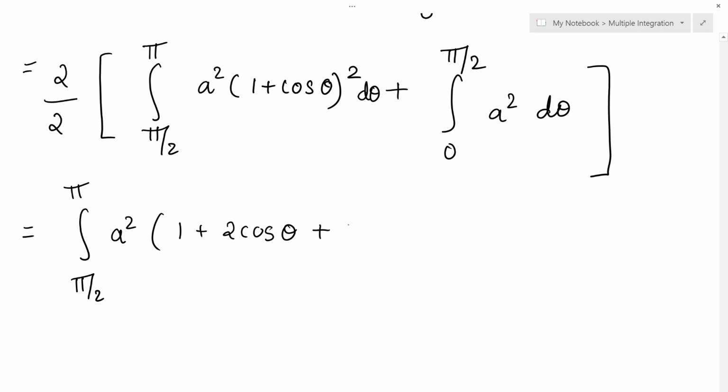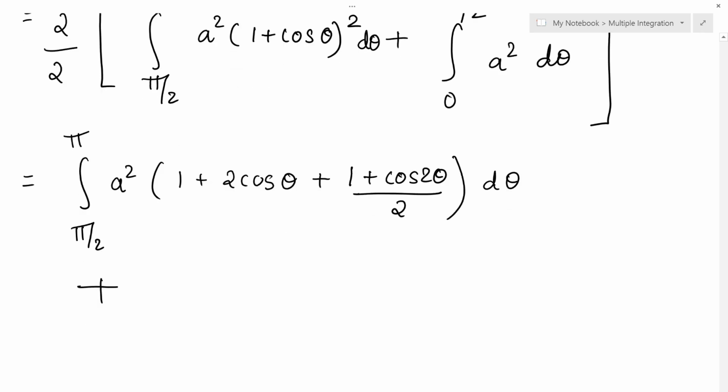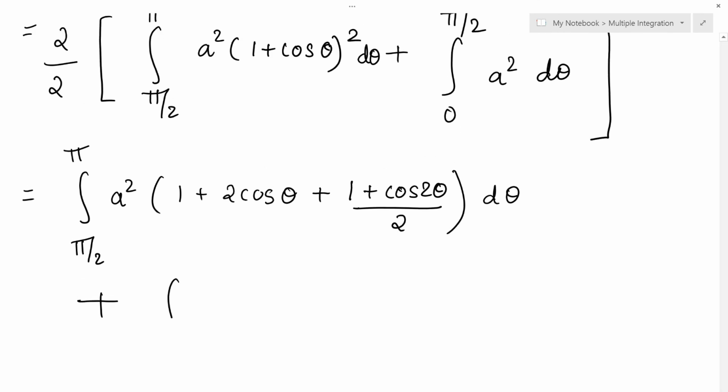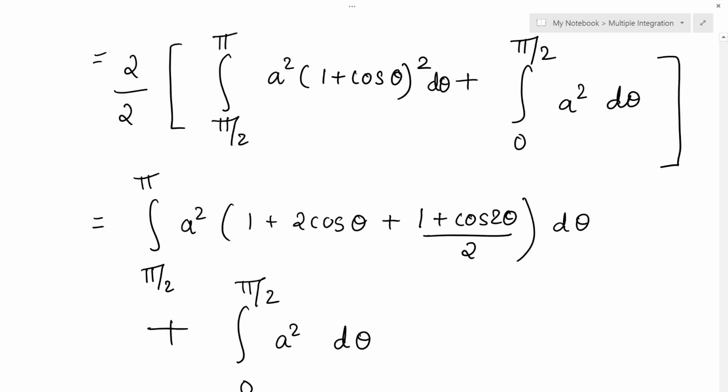As we did in the earlier sum, cos square theta can be written as (1 plus cos 2 theta) by 2. Then you have to integrate with respect to theta. This is my first integration. Now my second integration is easier. It is direct, but I'll do it in the next step anyway. That is the integral from 0 to pi by 2 of a square d theta.